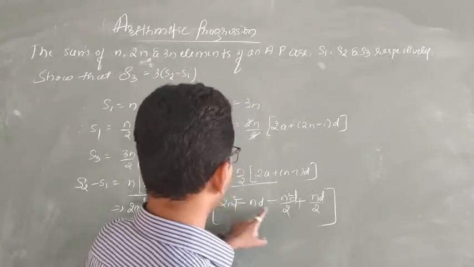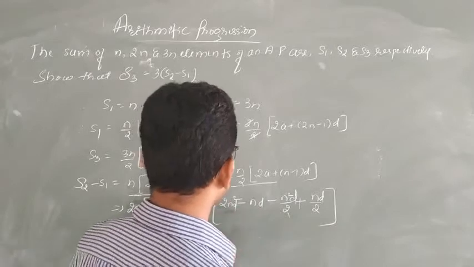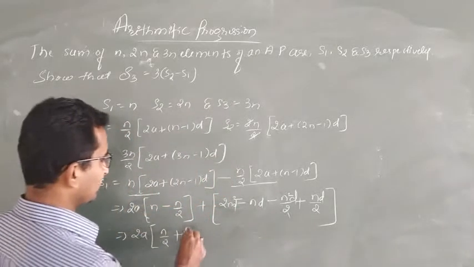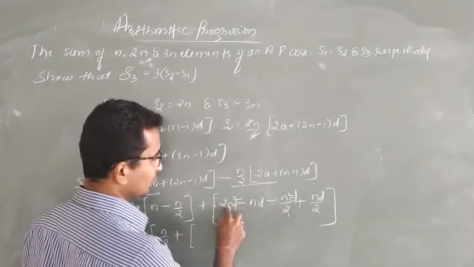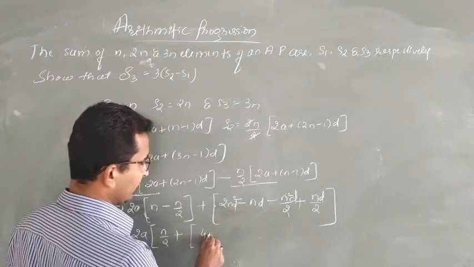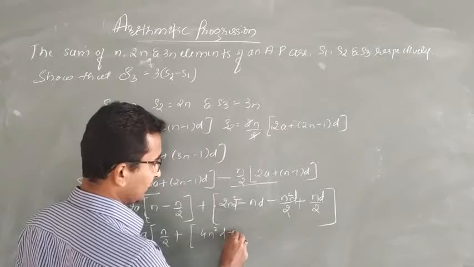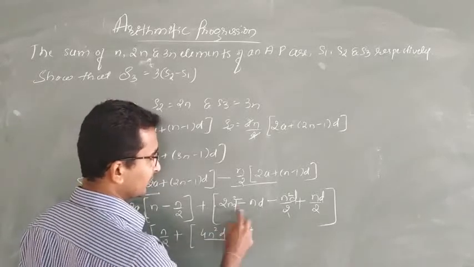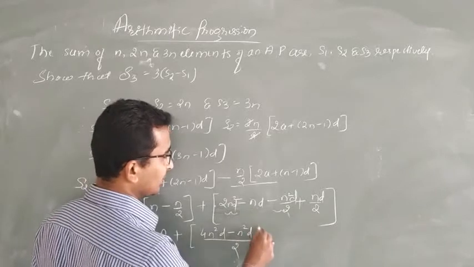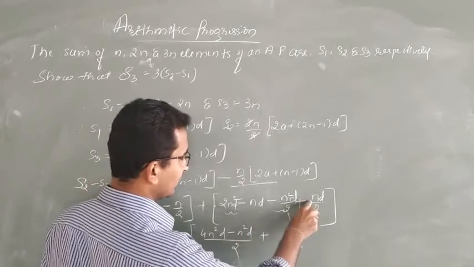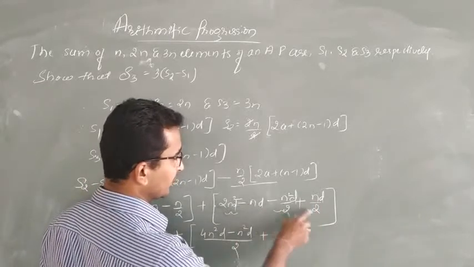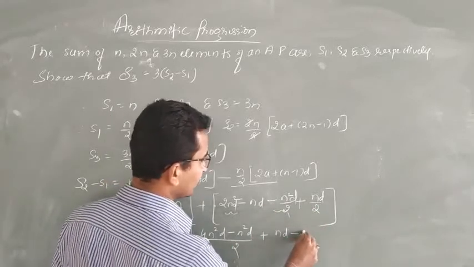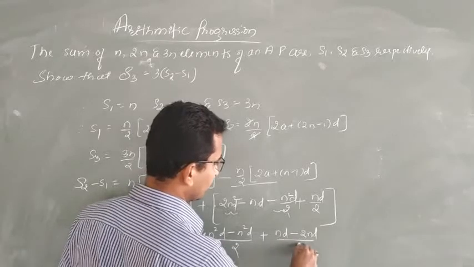I combine 4n square d minus n square d divided by 2, and then nd minus 2nd divided by 2.